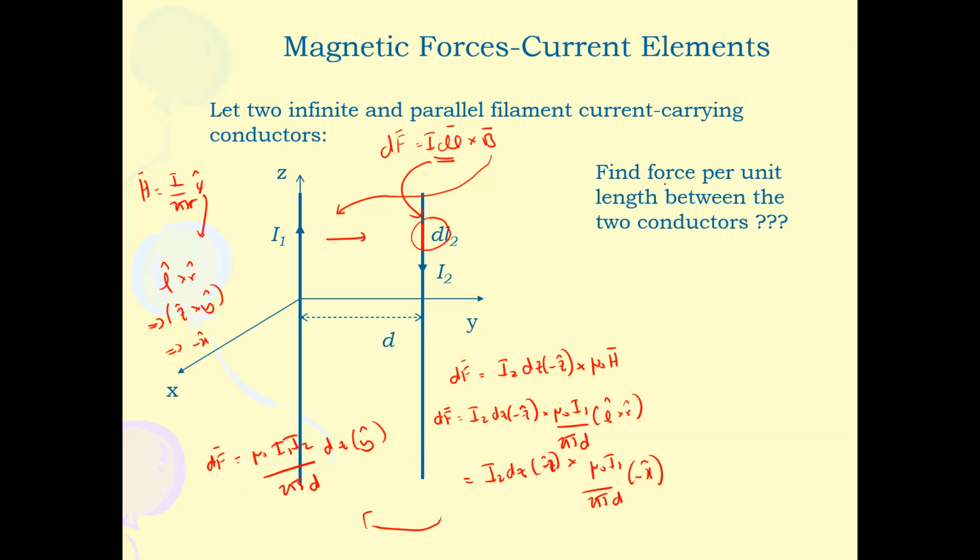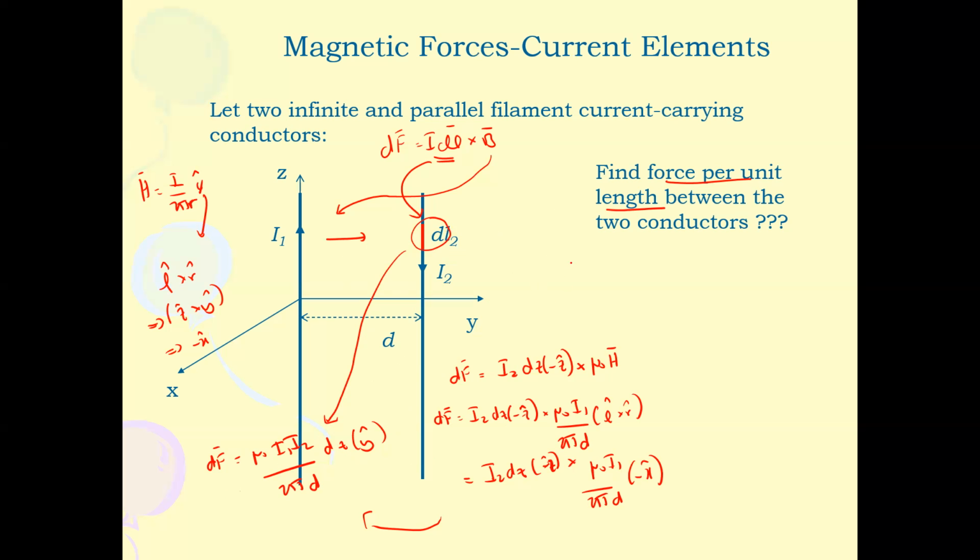But since the question asks us about the force per unit length between the two conductors, remember this is the force said to be experienced by the element dl2 here. So we can find the force per unit length by simply bringing the dz to the left.